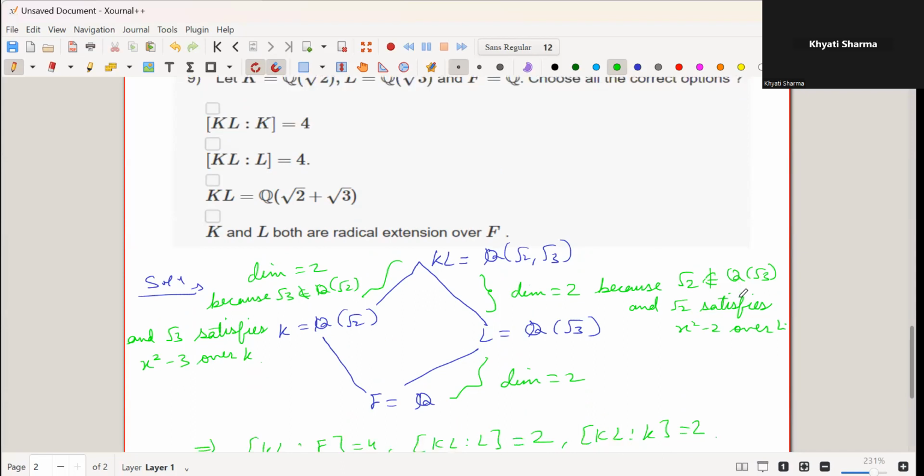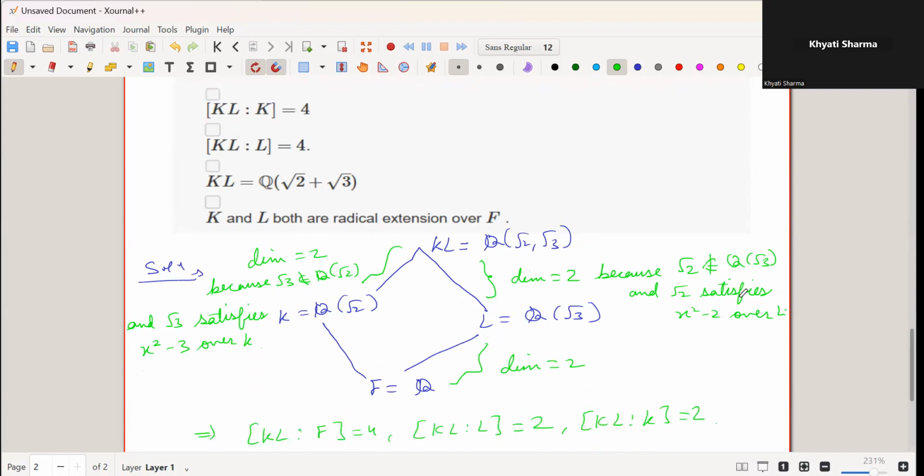So this implies that this option is not correct. This is also not correct.